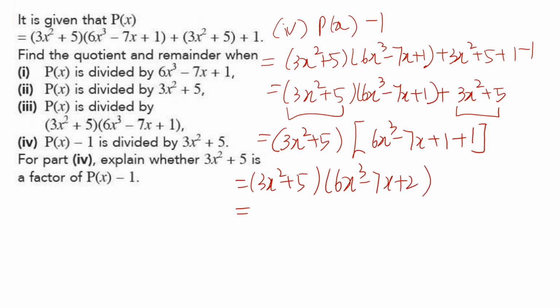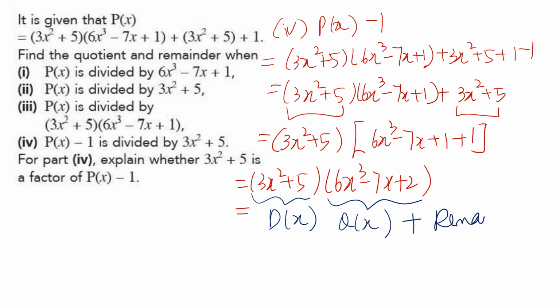Alright, so this one, if you're going to use a generic term to represent it, this is your divisor. This one will be your quotient. So plus remainder, but can you see your remainder is actually 0? Right.